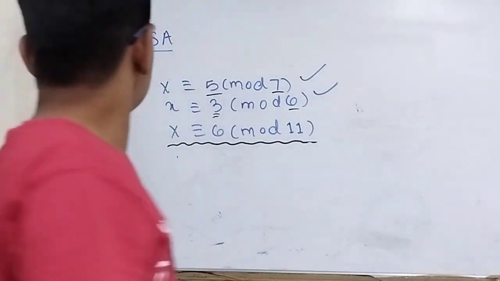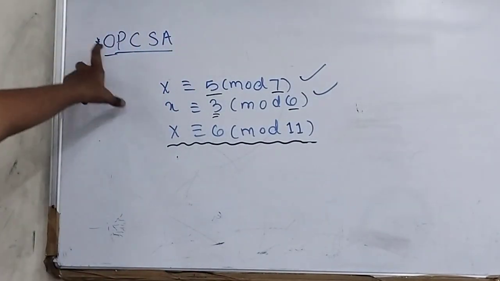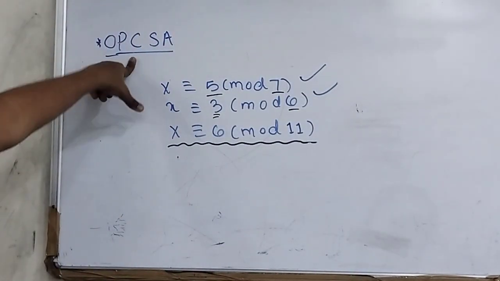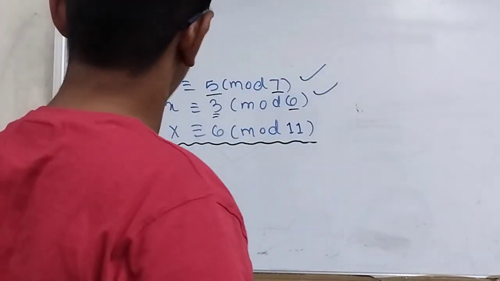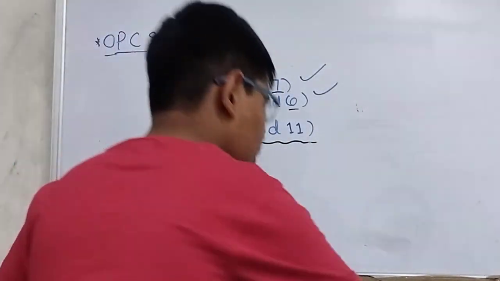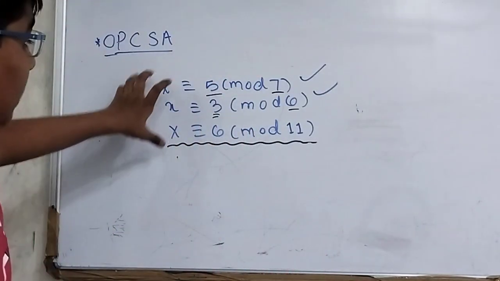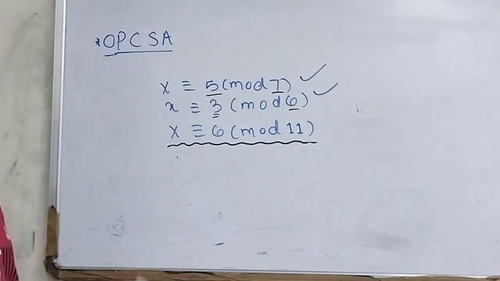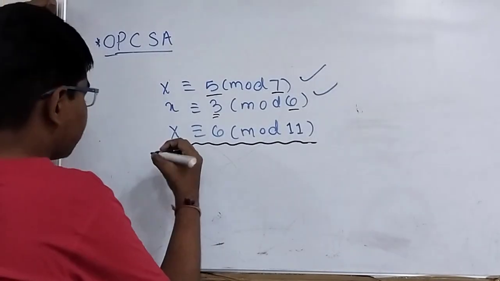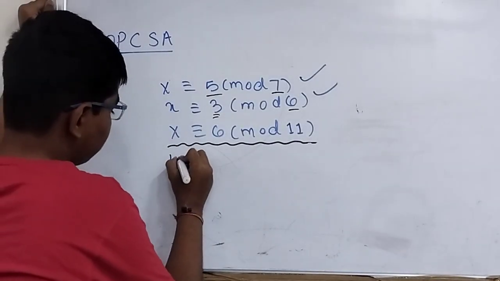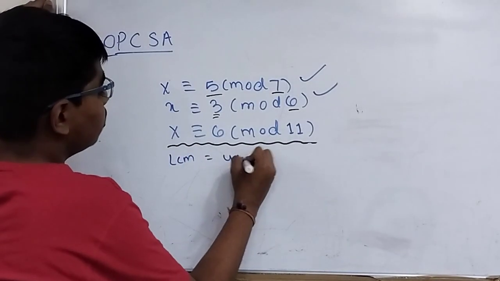So, now let us begin the optimized progressive congruence satisfaction algorithm. The second method, which is much better and efficient than the first method. Instead of subtracting from the LCM and so on, we should subtract from the remainder, okay? So, here we have the same first step, LCM, which is 462.